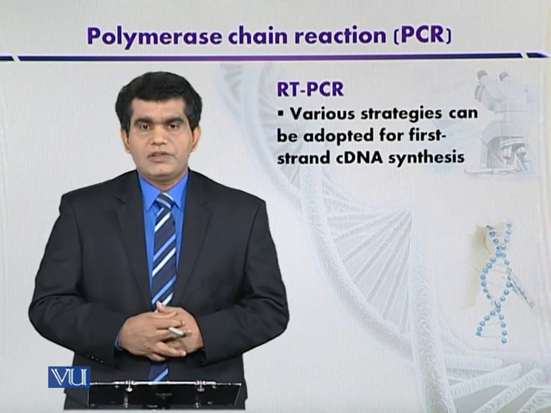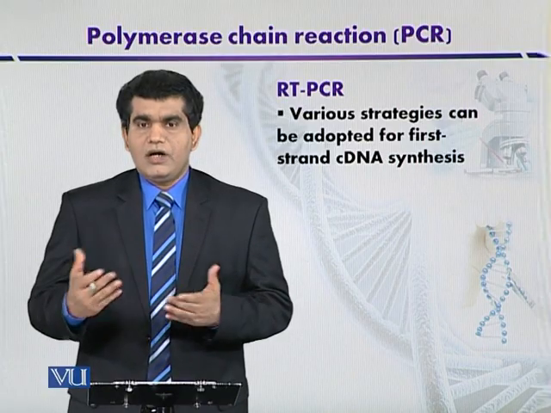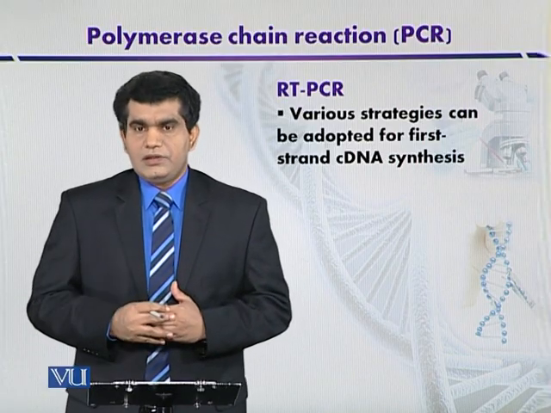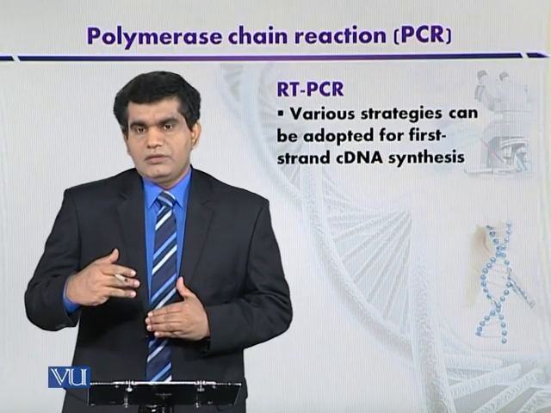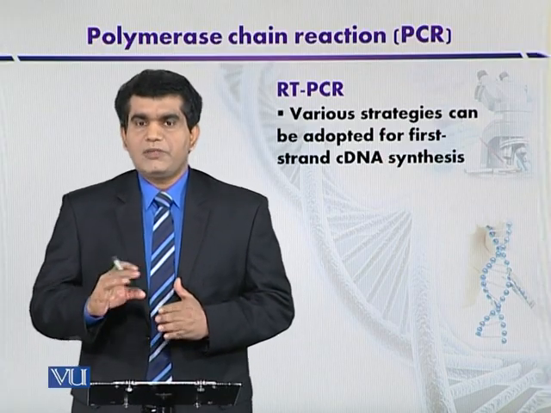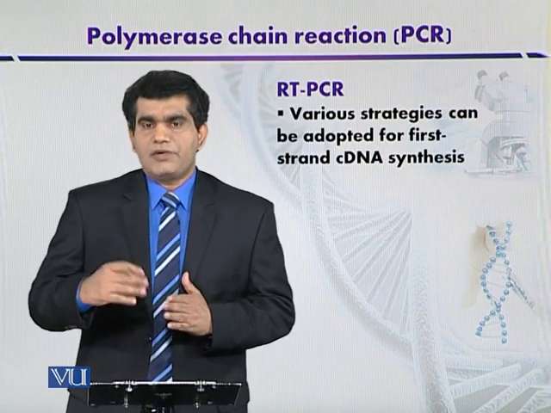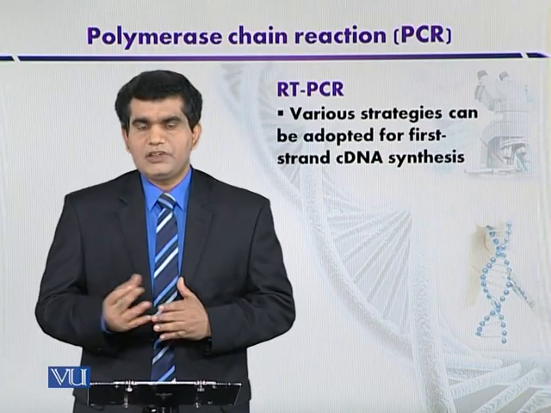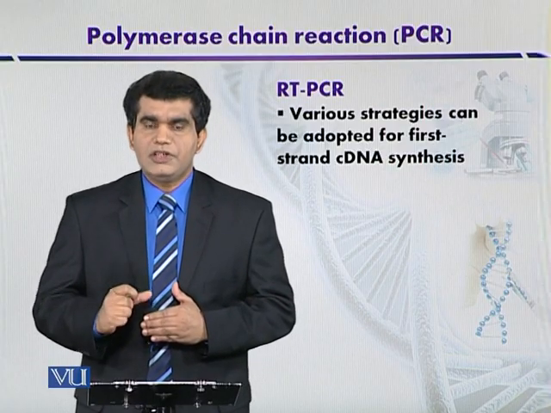So by using these strategies now, we can generate our cDNA. As I told you, the main step involved is using a short stretch of thymine residues as a primer. It is the most common step that is used for the generation of cDNA.